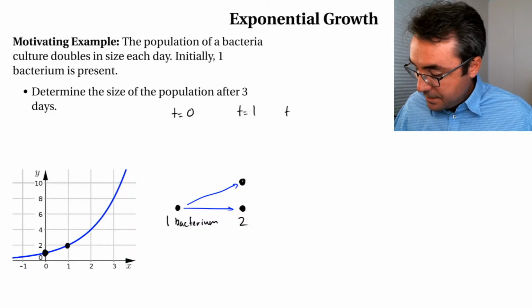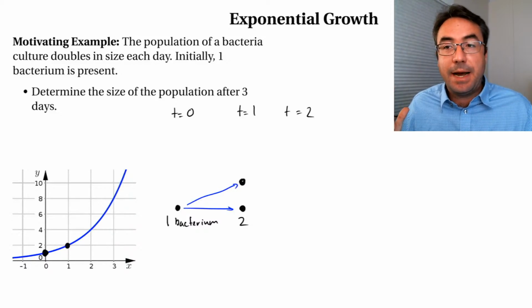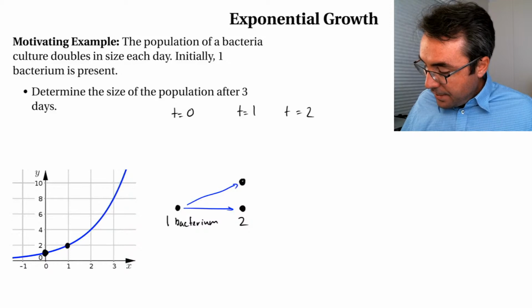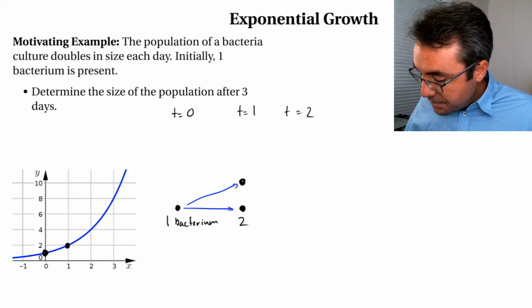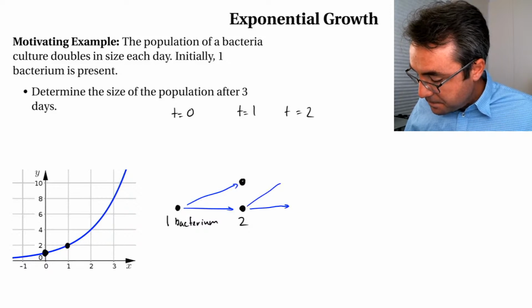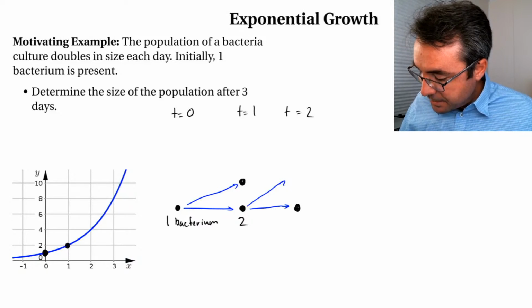Then let's look at t equals 2. What happens if another day goes by? Well, each bacterium is going to split again. So this bacterium is going to split, and we get 2 new daughter bacteria.